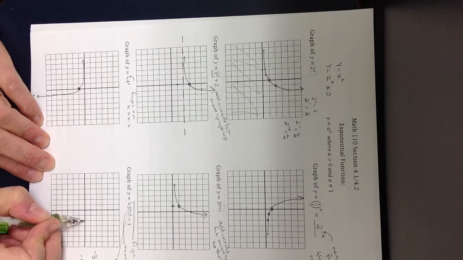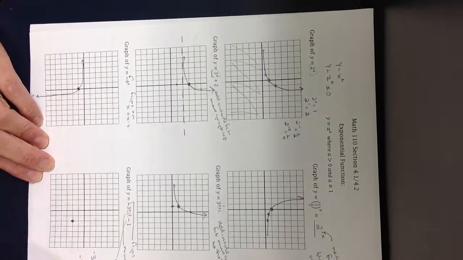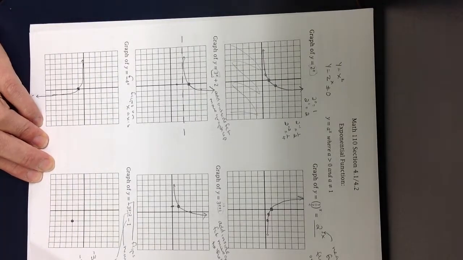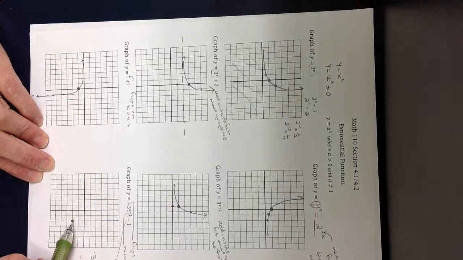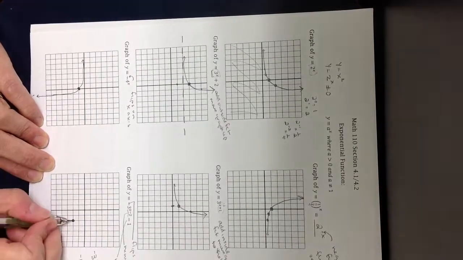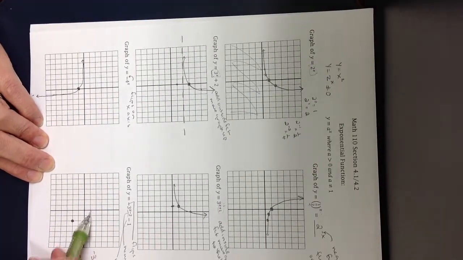So when I put in 2, I get out negative 2. That moved to the right, and it moved down, but it also flipped on the x-axis. And so that's why I'm ending up down here. I used to be here, I moved to the right, I flipped on the x-axis, and then I moved down.